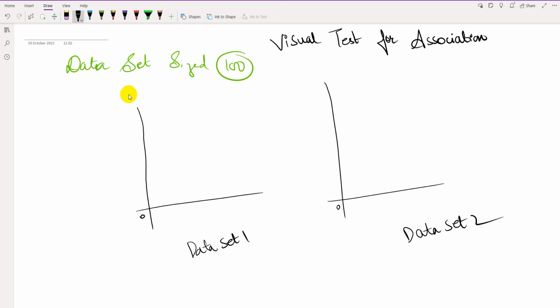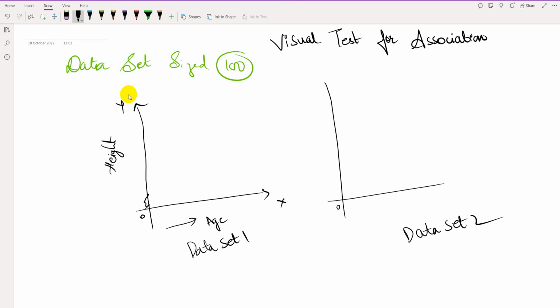Let us take the same explanatory variable, age, on the x-axis, and the same response variable, height, on the y-axis.